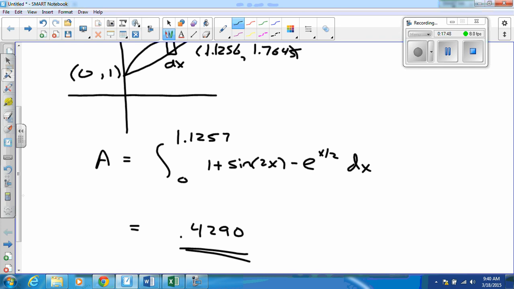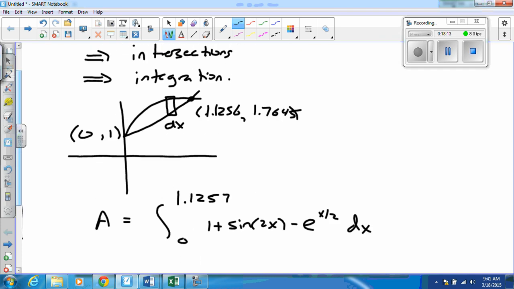Did yours say intersection? No, I just did intersect this way. 1.1357. Yep. Oh, did I hear you wrong? Yeah, I got it. Oh, speak up. Tell me if I hear it wrong.